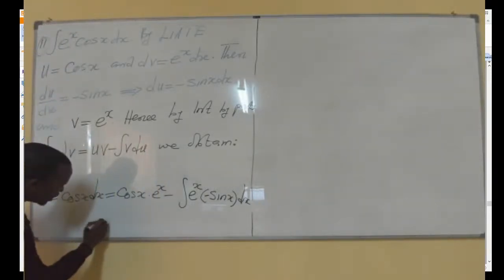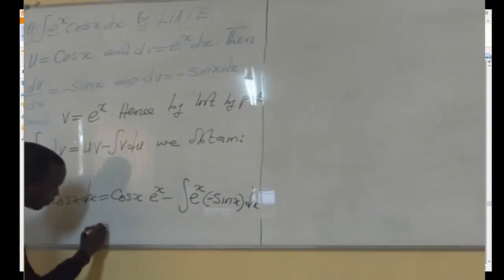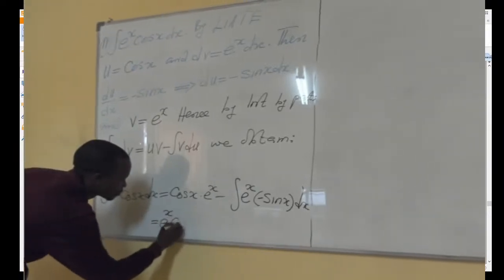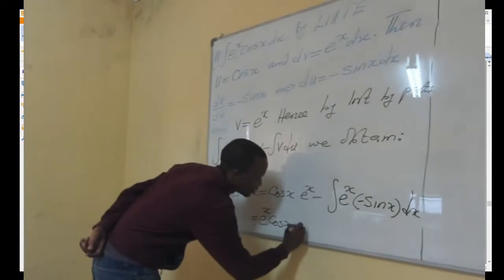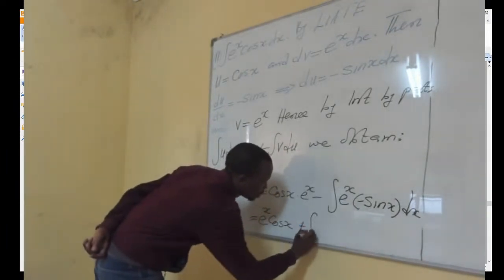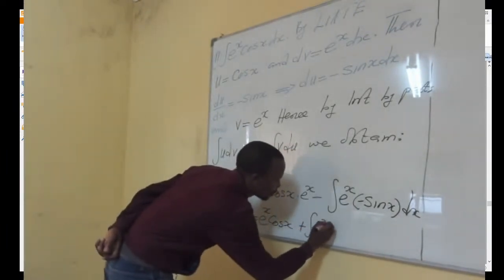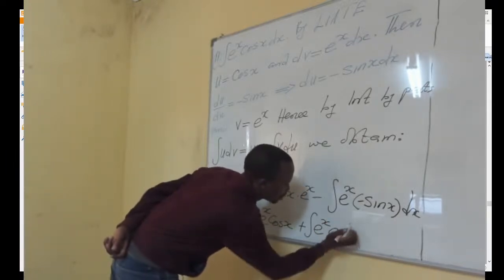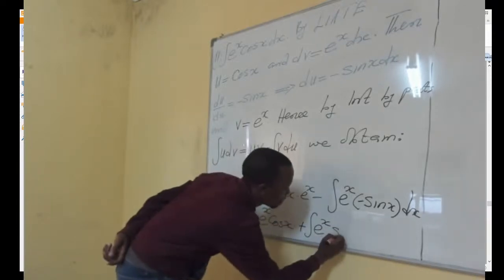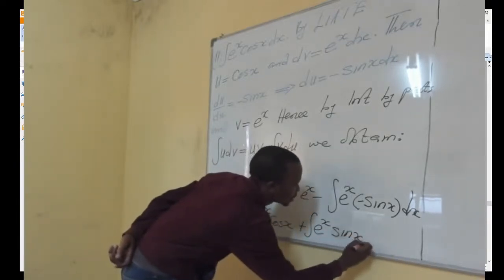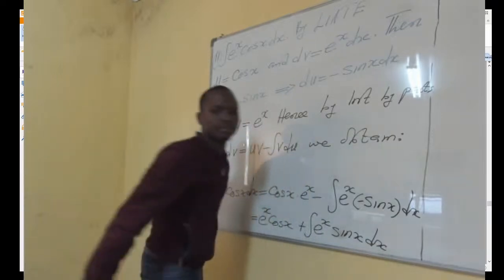Then when we simplify this, this will come to be e to the power x times the cosine of x. Now negative and negative give us positive: plus the integral of e to the power x times the sine of x dx.